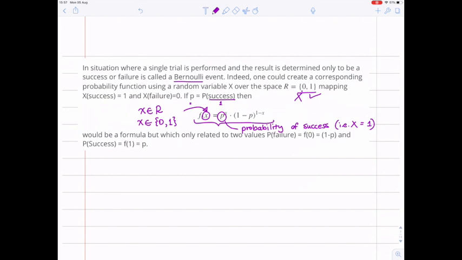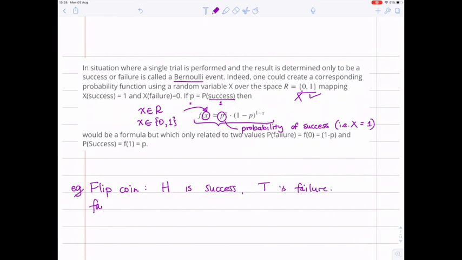Okay, so we can think about an example of flipping a coin, where we're going to count. So we're going to flip a coin. Getting heads is a success. Getting tails is failure.